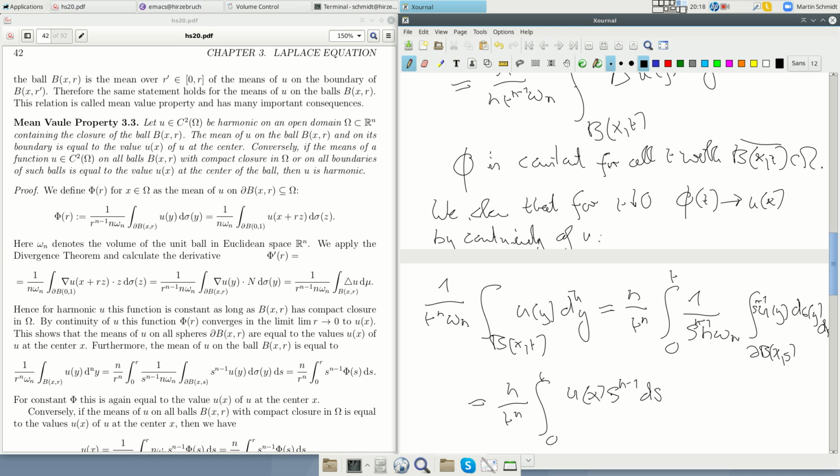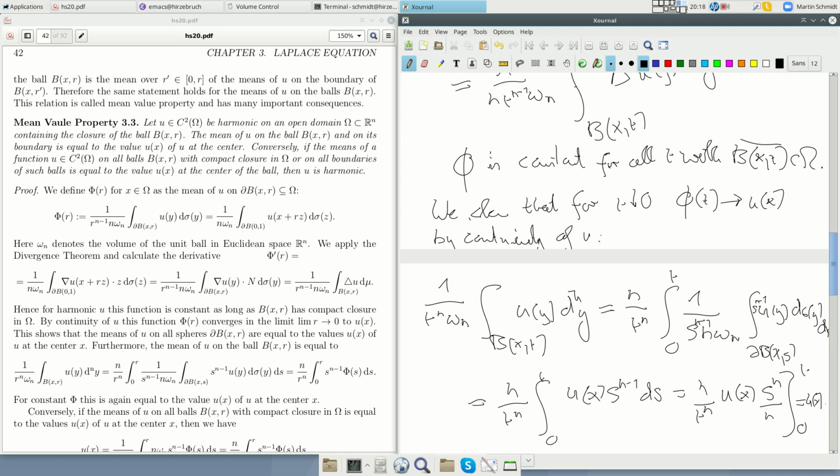It's clearly n over r to the n, and the antiderivative of this function is u of x times s to the power of n over n from 0 to r. Then n cancels, r cancels, so it's really u of x.